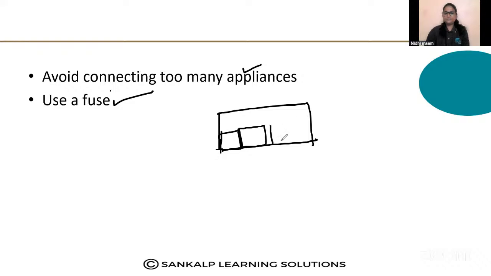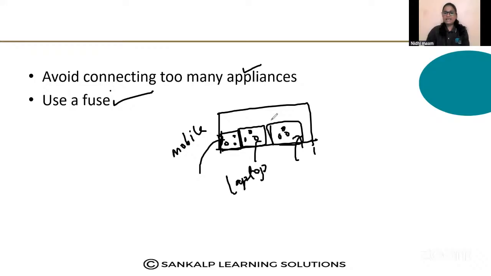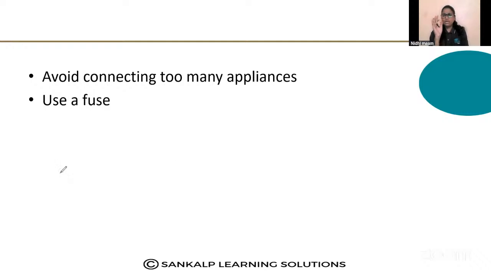It will be having sockets like this. ಒಂದೊಂದ್ಸಲ ಏನ್ ಮಾಡ್ತೀವಿ, ಬೆಳಿಗ್ಗೆ ಅರ್ಜೆಂಟ್ ಅಲ್ಲಿ ಅಲ್ಲೇ ಮೊಬೈಲ್ ಚಾರ್ಜಿಂಗ್ ಇಡ್ತೇವೆ, ಅಲ್ಲೇ ಲ್ಯಾಪ್ಟಾಪ್ ಚಾರ್ಜಿಂಗ್ ಇಡ್ತೇವೆ, ಅಲ್ಲೇ ಐರನ್ ಇಡ್ತೇವೆ. ಸೊ ಇದೆಲ್ಲವೂ ಕೂಡ ಒಂದೇ ಸಲಕ್ಕೆ ಕನೆಕ್ಟ್ ಮಾಡಿ ಆ ಸರ್ಕ್ಯೂಟ್ಗೆ ಲೋಡ್ ಹಾಕ್ತೇವೆ. ಓಕೆ, ಸೊ ಅವಾಯ್ಡ್ ಕನೆಕ್ಟಿಂಗ್ ಟೂ ಮೆನಿ ಅಪ್ಲಯನ್ಸಸ್ ಅಟ್ ಓನ್ಲಿ ಒನ್ ಸ್ವಿಚ್ ಬೋರ್ಡ್. ಬೇರೆ ಸ್ವಿಚ್ ಬೋರ್ಡ್ಸ್ ಇರ್ತಾವೆ ಮನೆಯಲ್ಲಿ ಅಲ್ವಾ, ಅದಕ್ಕೆ ಅಟ್ಯಾಚ್ ಮಾಡಿ. Okay, so that time there might be a chance of overloading.